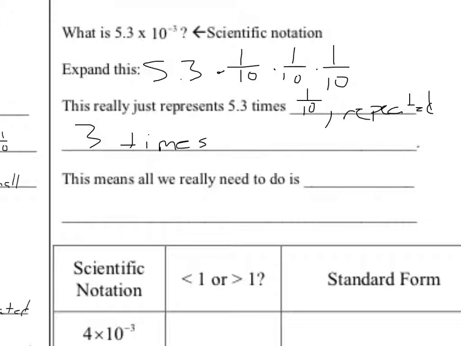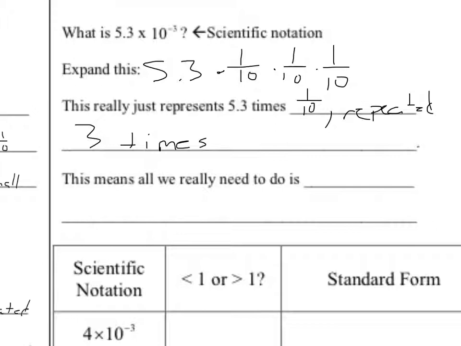And we already know something about what happens when we multiply by 1/10 that makes multiplying by 1/10 really easy. What happens when we multiply by 1/10? Feel free to look at your notes. Yeah, the decimal moves once to the left.